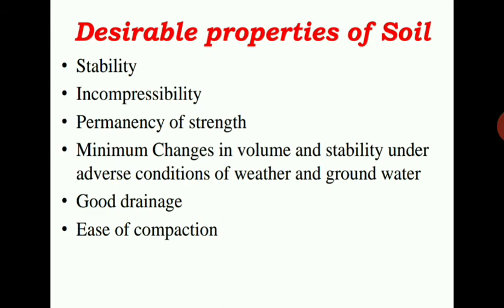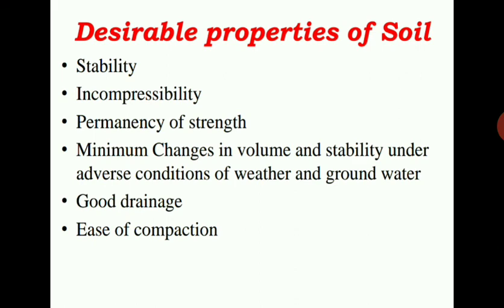Because of the groundwater, it may react with the subgrade soil and then it may lose its entire property. So whatever soil is used in the subgrade should be sufficient to withstand that, not reacting with the groundwater, and because of changes in the climate, it should not change with respect to the volume.